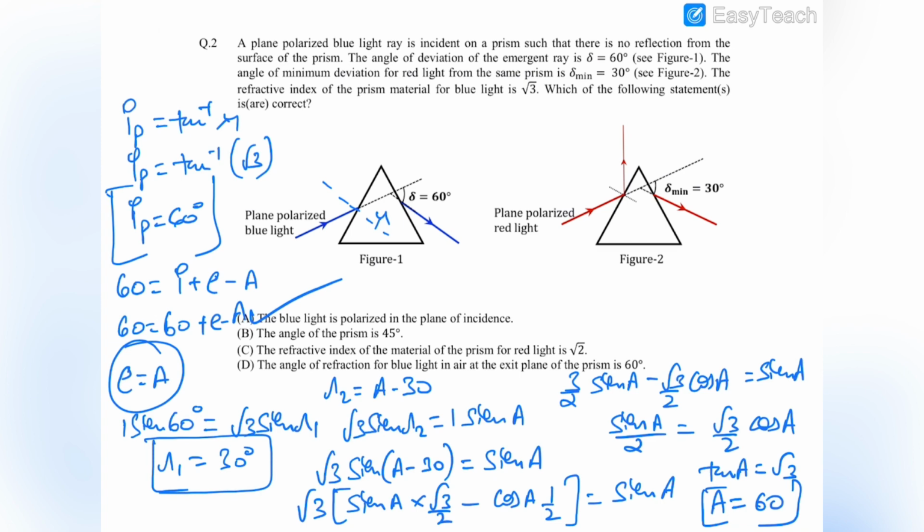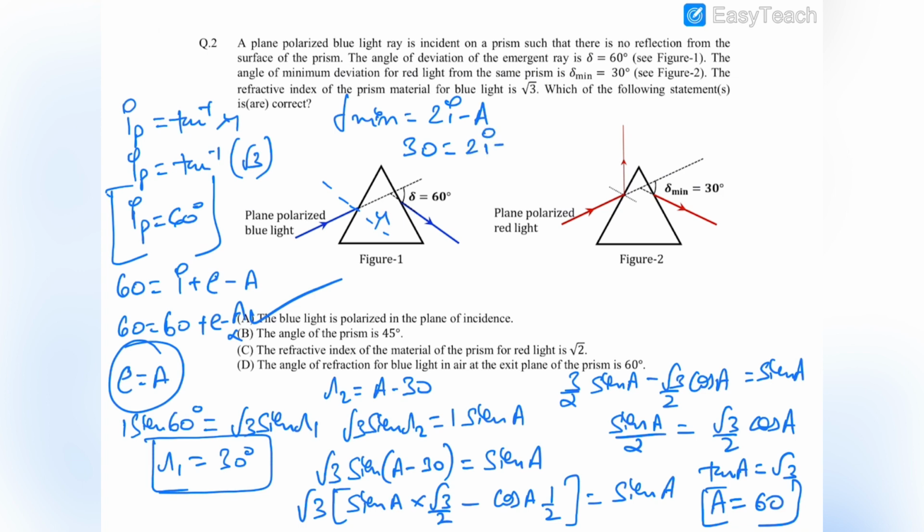Prism angle is 45 degrees, which is wrong, so option B is wrong. And option C says that the refractive index of the material of the prism for the red light is root 2. Let us see: for red light, delta minimum is given as 30 degrees. When delta is minimum, I is equal to E, and r1 is equal to r2, equal to A by 2, and delta minimum is also equal to 2I minus A. So 2I minus A, delta minimum is 30.